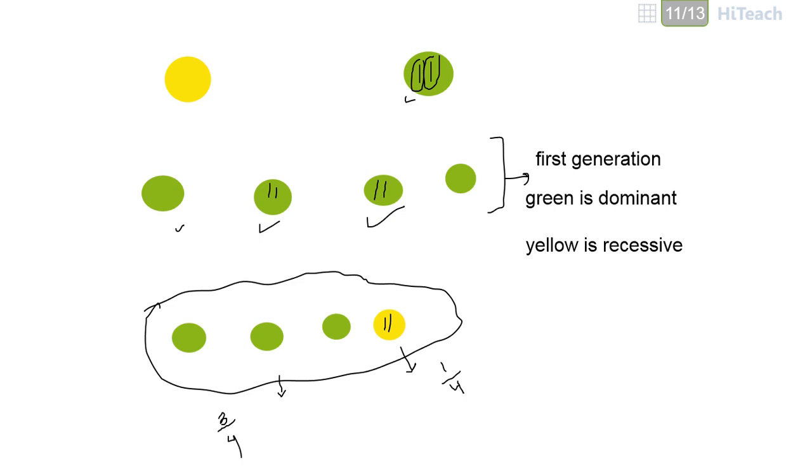A plant with one yellow factor and one green factor will be green, because green is dominant, so the yellow will not appear. However, this plant could still pass on the yellow factor to the next generation.